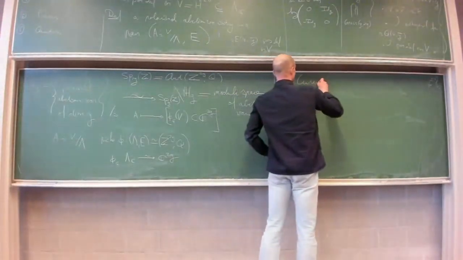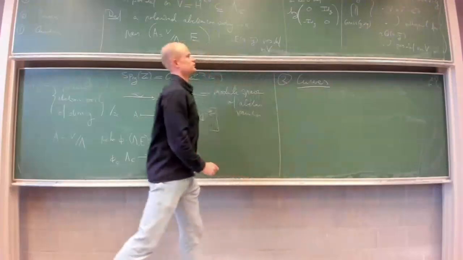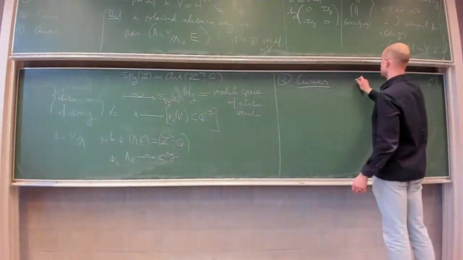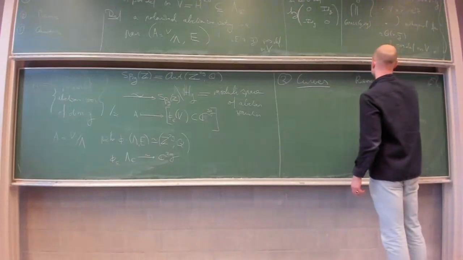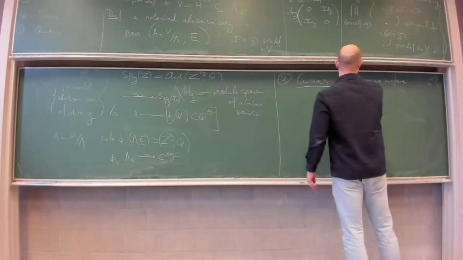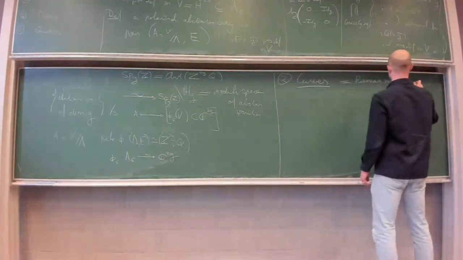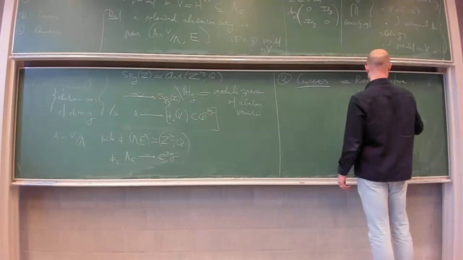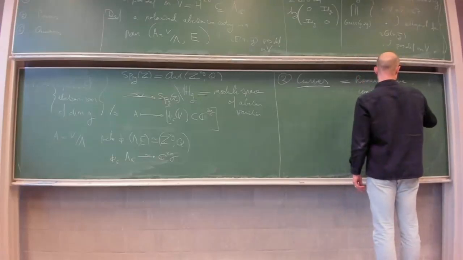Now we want to relate this to curves. By a curve, I actually mean a Riemann surface, which is compact, and let's say of genus g.